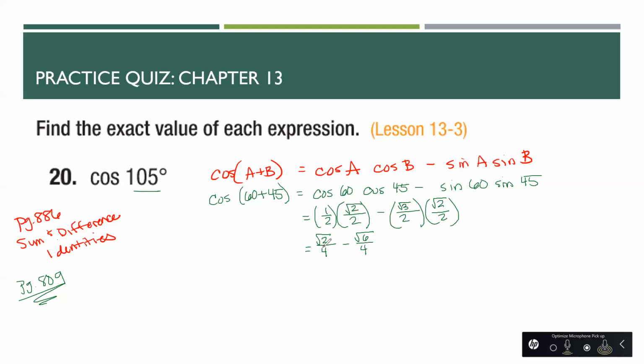My denominators are the same, so I'm just going to subtract my numerators: radical 2 minus radical 6, and I keep my denominator the same. So the cosine of 105 degrees is equal to radical 2 minus radical 6 over 4.